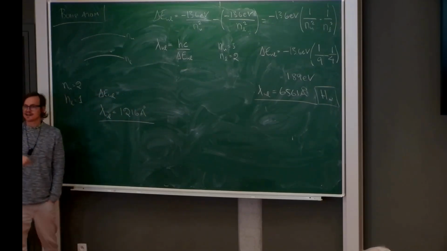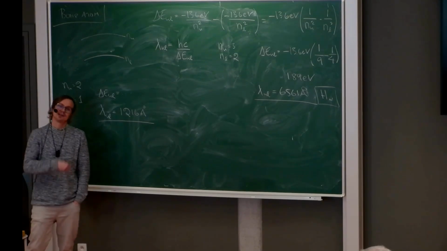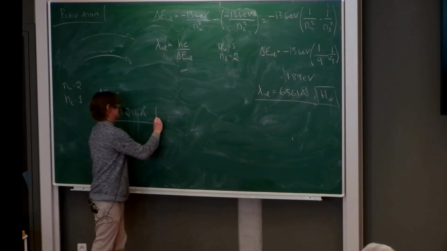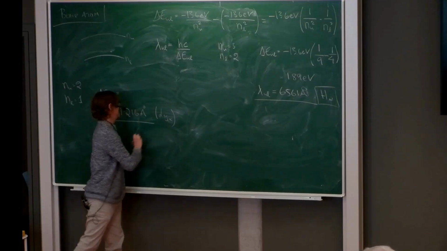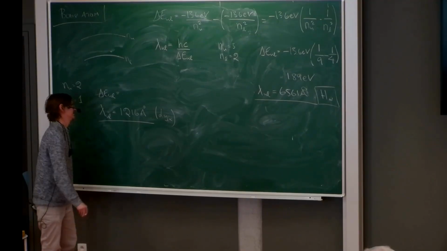Which line is this? Do we know? This is hydrogen Lyman alpha. Where does this lie? In the ultraviolet. Thank you.